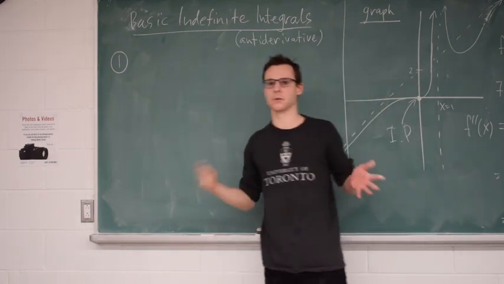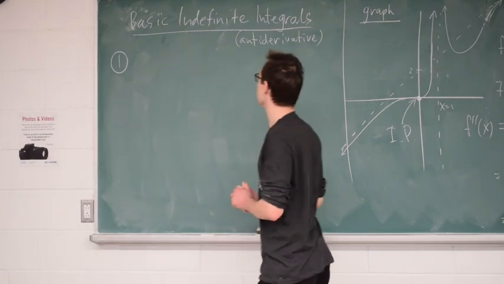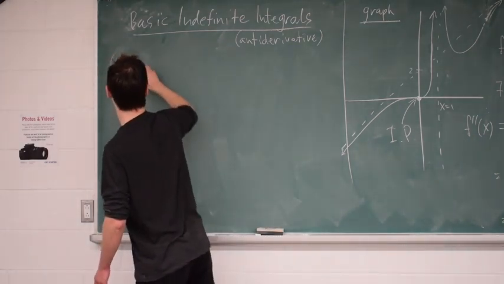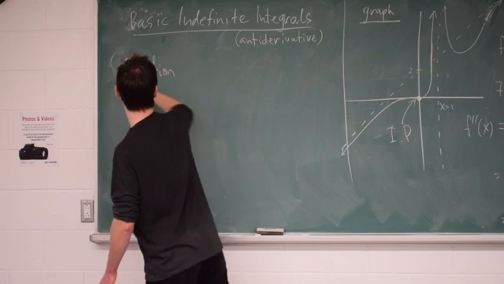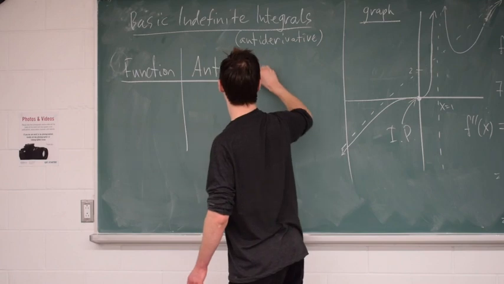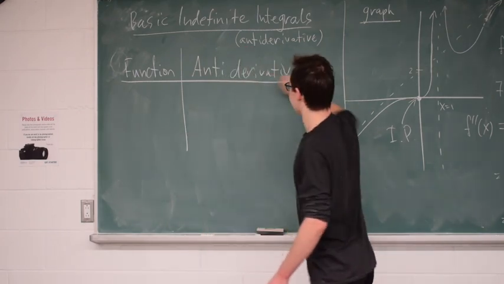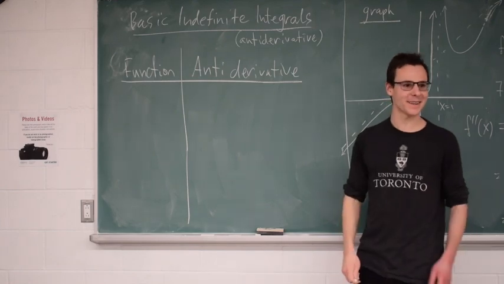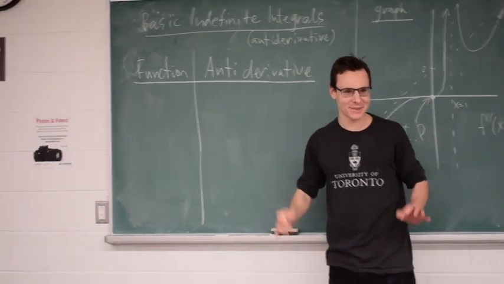So let's just make sure we're all clear about the rules here. Let's do this in a table: function, and the antiderivative. First example, we're all going to yell it out. What is the antiderivative of x?